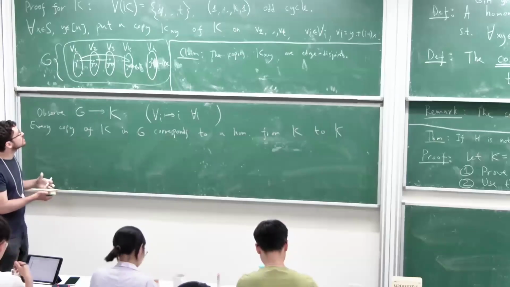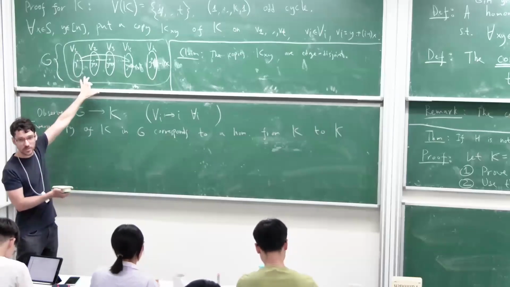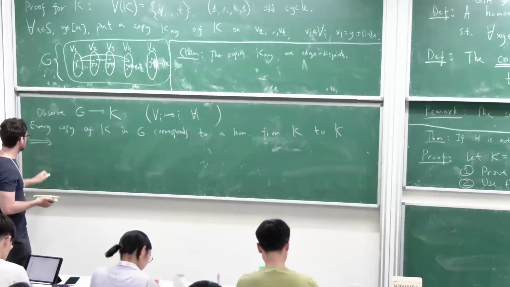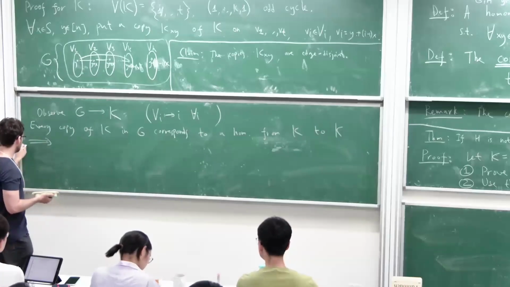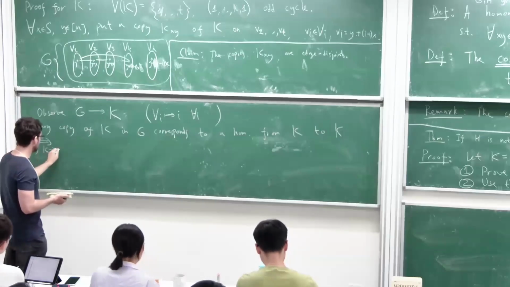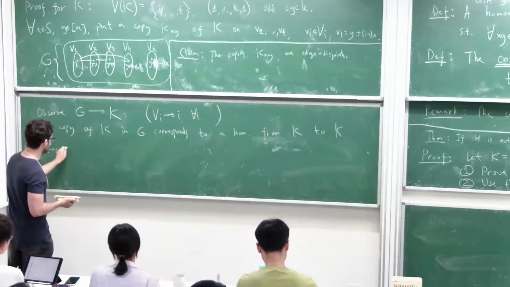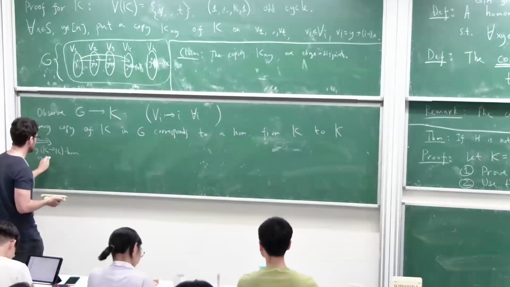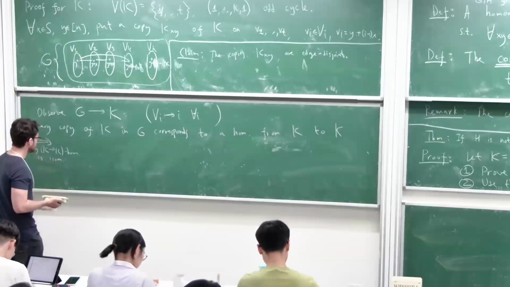And therefore, every copy of K actually looks like we expect: p_1 up to p_k, where p_i is in P_i.